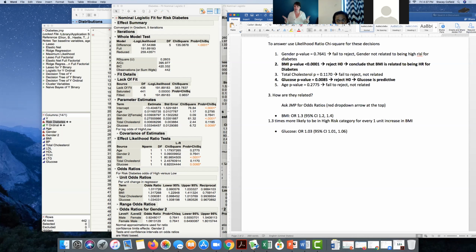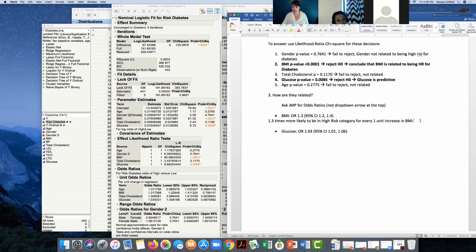That intuitively makes sense to us. The larger people are, so their BMI gets bigger, they're more likely to become in a high risk category for diabetes. This is just telling us that for every 1 unit increase in BMI, they're 1.3 times more likely to go into high risk. There's a thing in JMP that I really, really love.